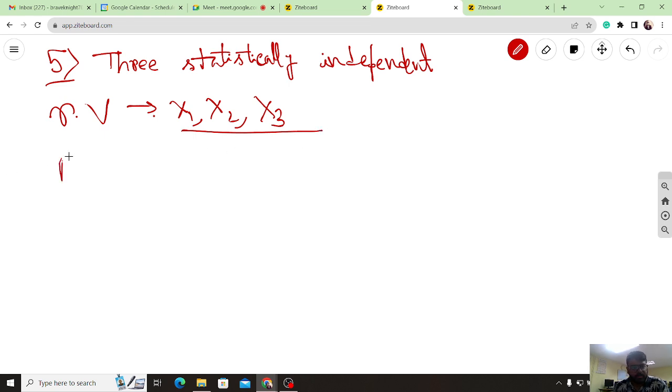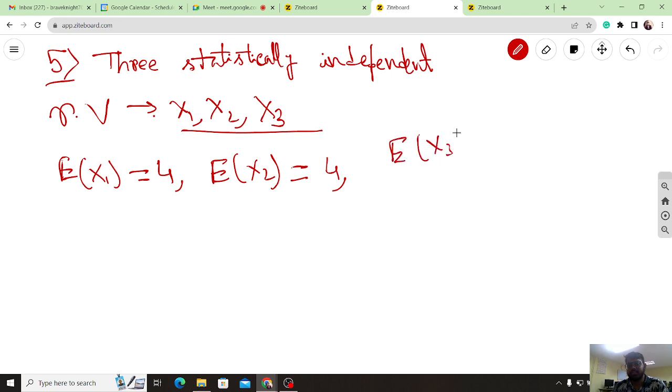The expected value of x1 is 4, x2 is 4, and the expected value of x3 is equal to minus 1.